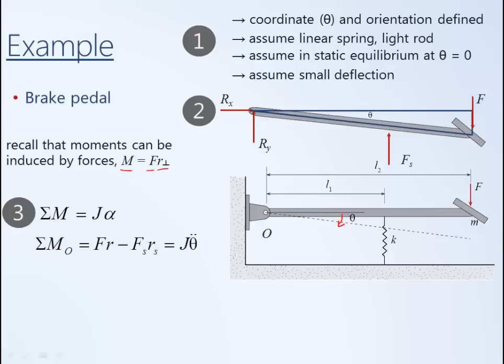Looking at this triangle, the horizontal leg of the triangle defines the moment arm for the applied force F. It's the distance from the reference point O that is perpendicular to the line of action of the force F. Similarly, the force from the spring has a moment arm R sub S, where it's the horizontal distance of this smaller triangle.